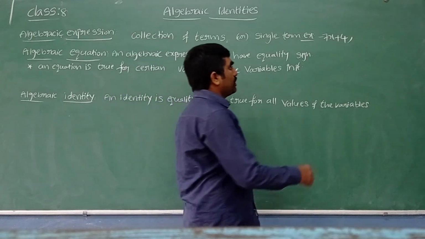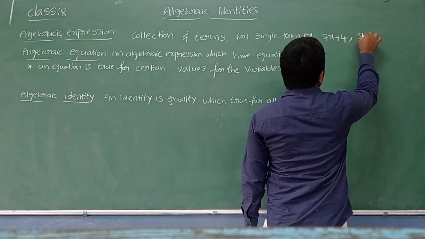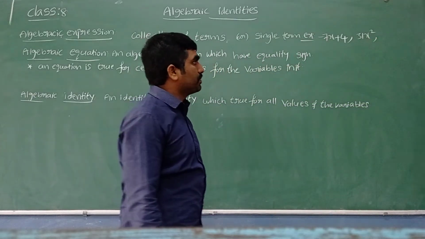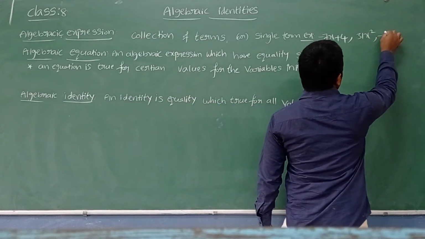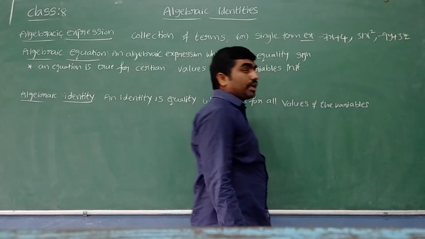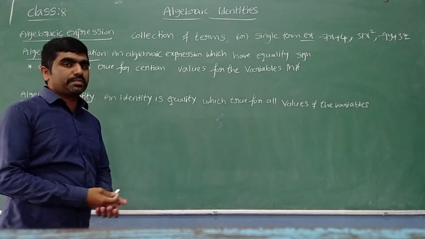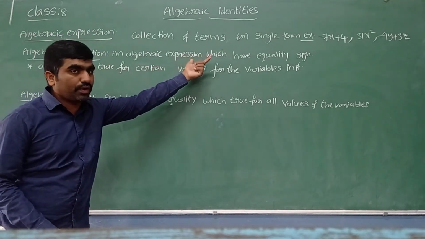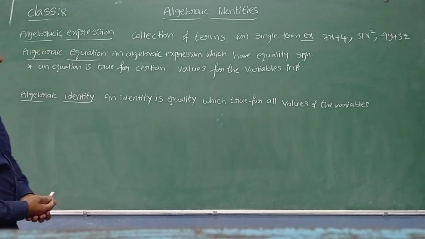It is an algebraic expression. Let me take 31x square, a single term; it is also called an algebraic expression. Now let me take minus 9y plus 3z, a collection of terms. It is called an algebraic expression. An algebraic expression is what? A collection of terms, or a single term.